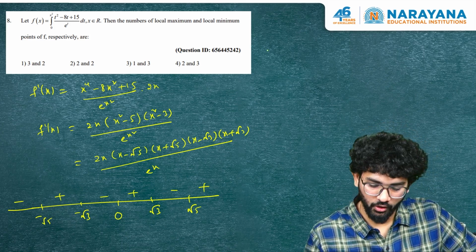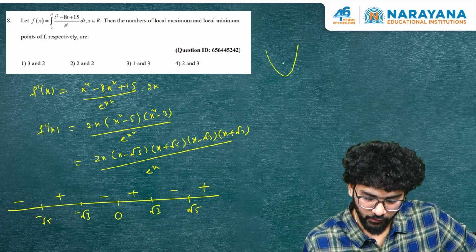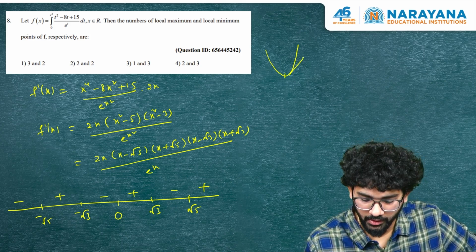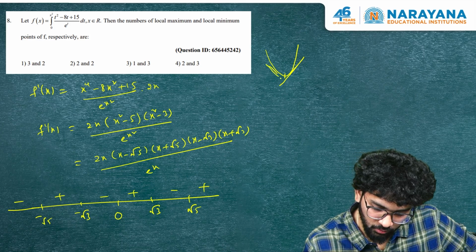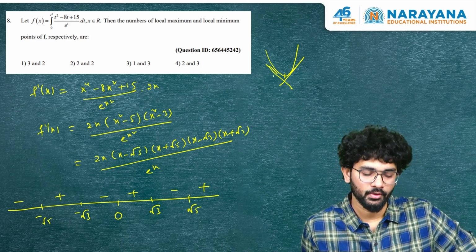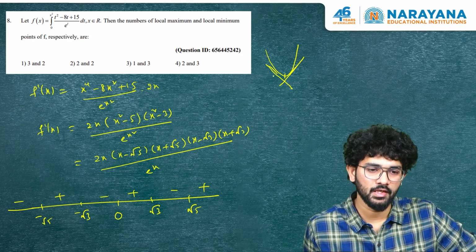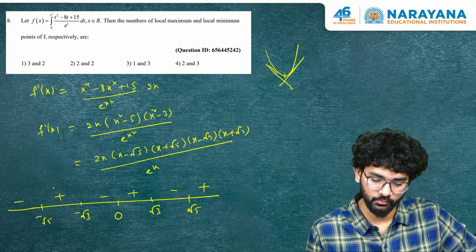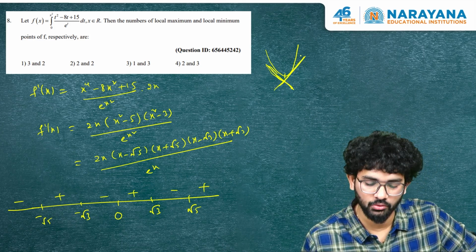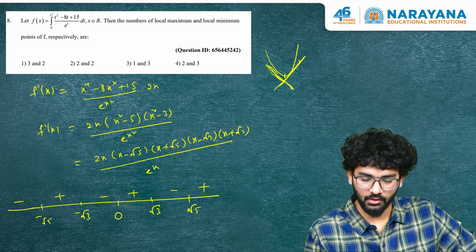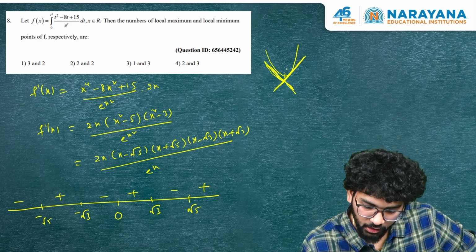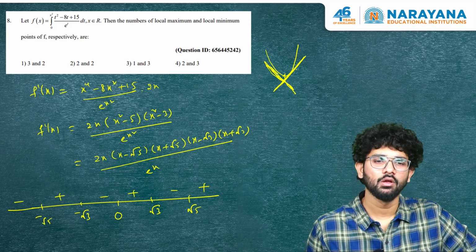If you take any local minima, the tangent slope to the left side of the local minima is negative and to the right side it is positive. The sign of f'(x) is the tangent slope. So if f'(x) changes from negative to positive, then in between there will be a local minimum.